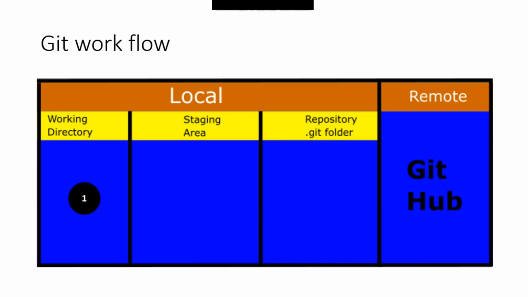Once you start making changes to the project which you have just cloned, it gets placed into a place called the staging area. Staging area is also known as the index area. I'm going to talk about the staging area and index area in much more detail in our further tutorials, but for now just think that once you make the changes, they get placed into an area called the staging area, and then they will be moved to a place called the .git folder, which is nothing but the local repository.